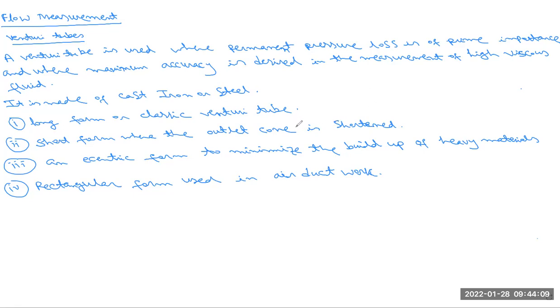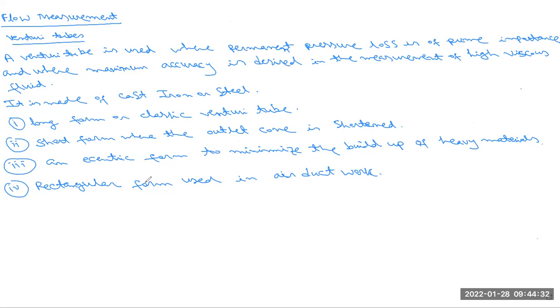So in different process control industries, you have to use different angle types of pipes attached in the flow measurement method. So this is the short form where the outlet cone is shortened. Number three, an eccentric form to minimize the buildup of heavy material.